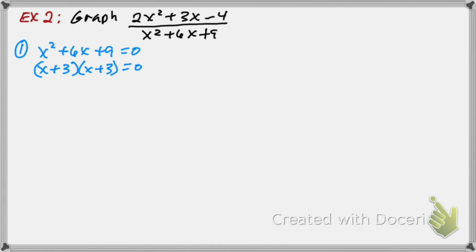It's a perfect square trinomial, so I'm getting x plus 3 times x plus 3. I set x plus 3 to 0, and so I get x equals negative 3. Well, that's where a vertical asymptote is. I'm just following the list of steps on our cheat sheet.